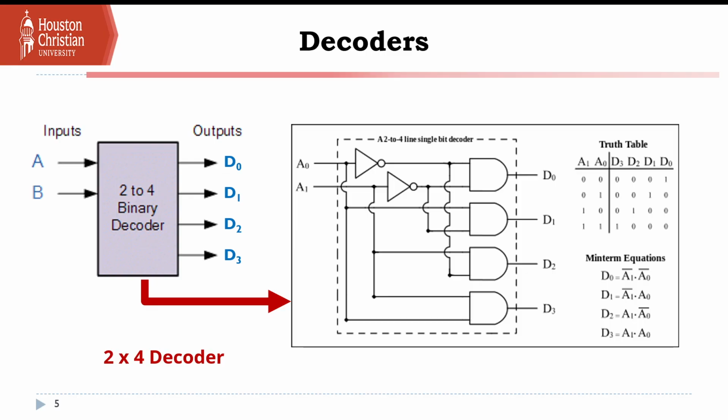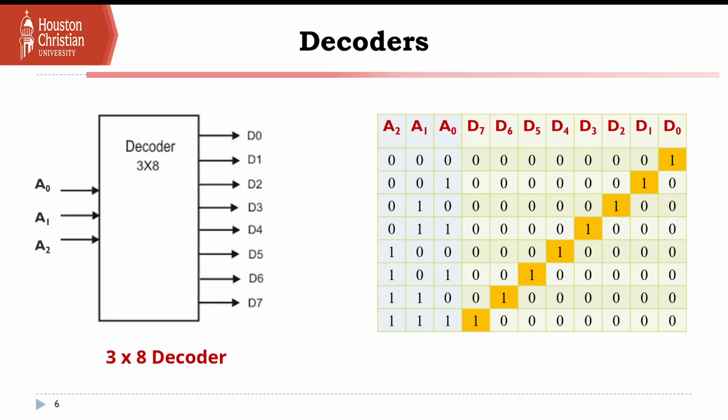Just like you have a 2x4, you have a 3x8: three inputs, A0, A1, A2, and eight outputs, D0 to D7. As you can see, the ones fall on the diagonal based on the input values. For D0, the Boolean is not A2, not A1, not A0.